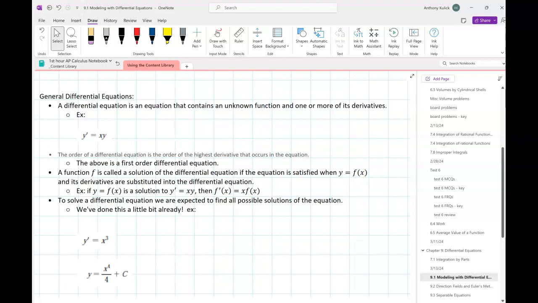We'd say a function f is called a solution to the differential equation if the equation is satisfied when y equals f of x and its derivatives are substituted into the differential equation. So if I took my solution, y equals f of x, and take the derivative of that, that would need to equal x times f of x.